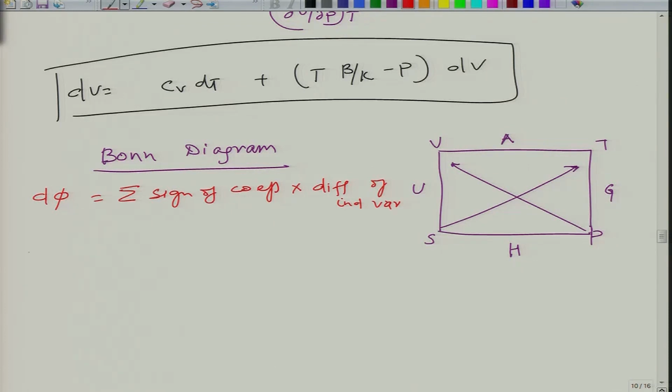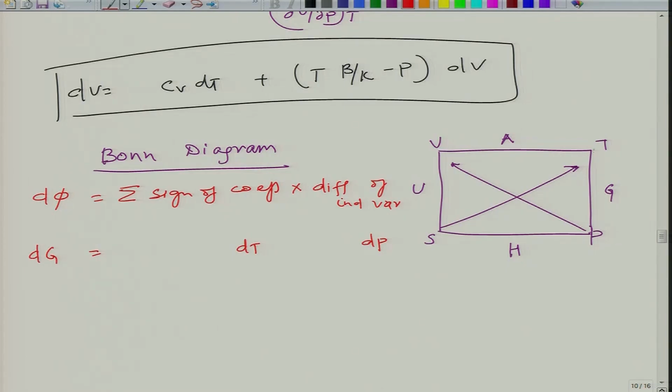So, let us consider, let us say, dG. Okay. So, G has independent variables T and P. So, this is your dT and this is your dP. So, that is part of it, and then you need to have a sign of the coefficient. So, the coefficient signs are written in this way.